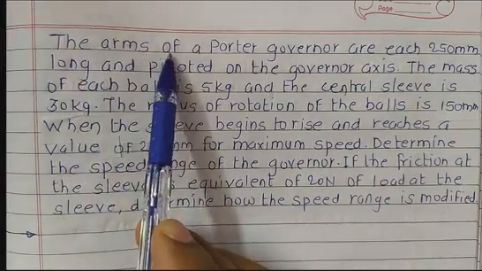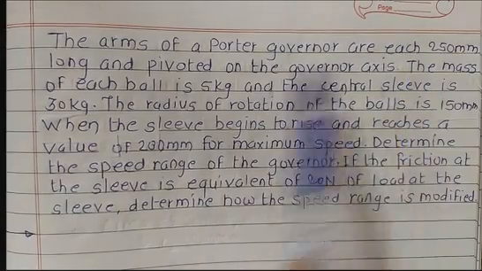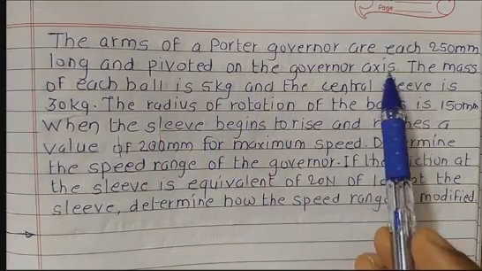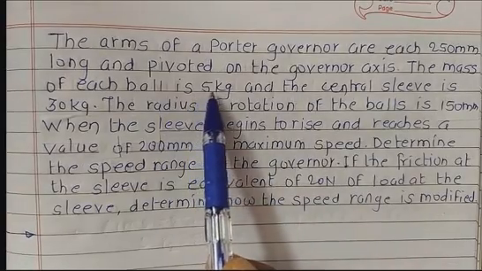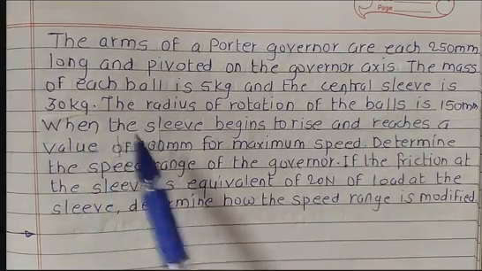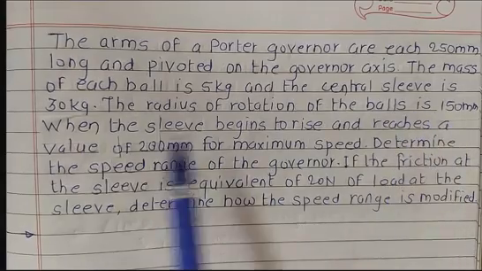The arms of a Porter governor are each 250 mm long and pivoted on the governor axis. The mass of each ball is 5 kg and the central sleeve is 30 kg. The radius of rotation of the balls is 150 mm.